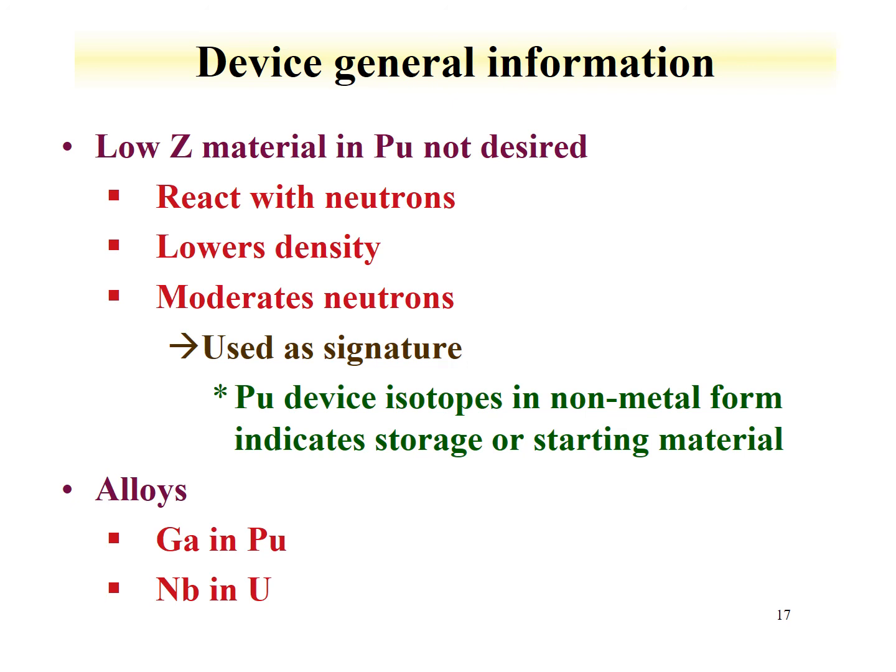If one were to find metal, one can conclude that it's definitely on the route to being a device. And if one had alloyed systems, so plutonium-gallium alloy or a uranium-niobium alloy, that would be an even closer indication, a signature that this is a material that is useful for a device.